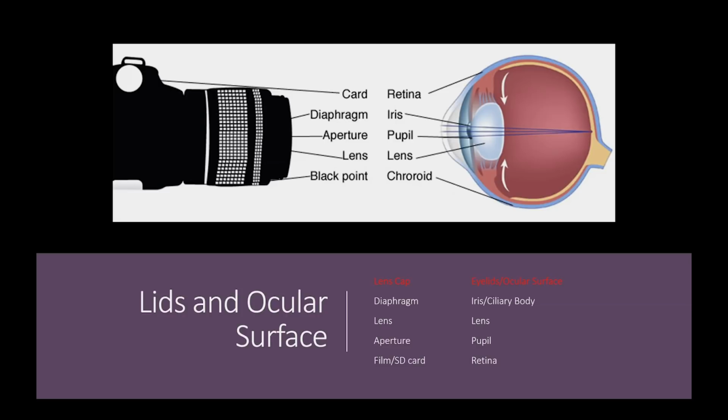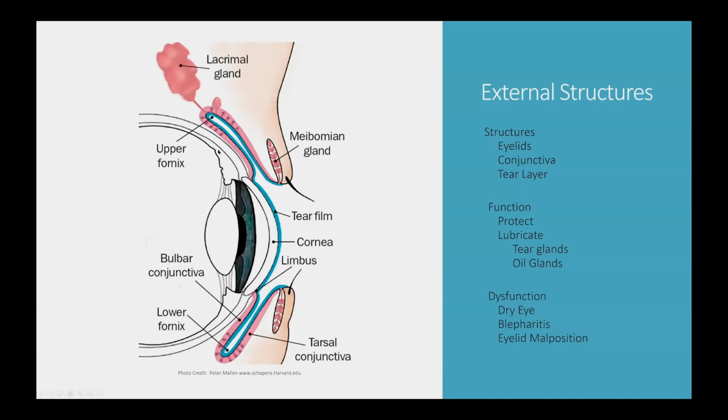So we're going to start by talking a little bit about the external structures: the eyelids, the conjunctiva, and the tear film. All of those structures help to lubricate and protect the eye and keep it seeing well.